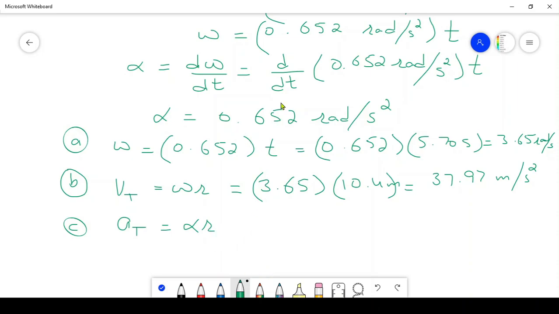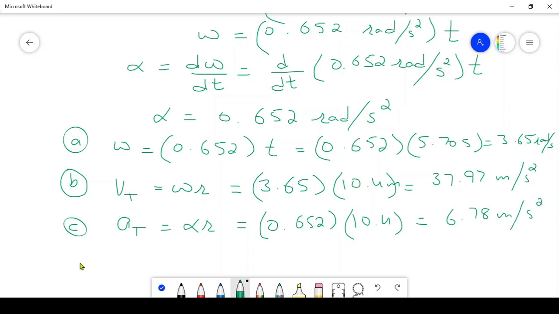We are given the value of alpha to be 0.652 radians per second squared and the value of r is 10.4 meters. If we solve that relation, we would get the answer of 6.78 meters per second squared.